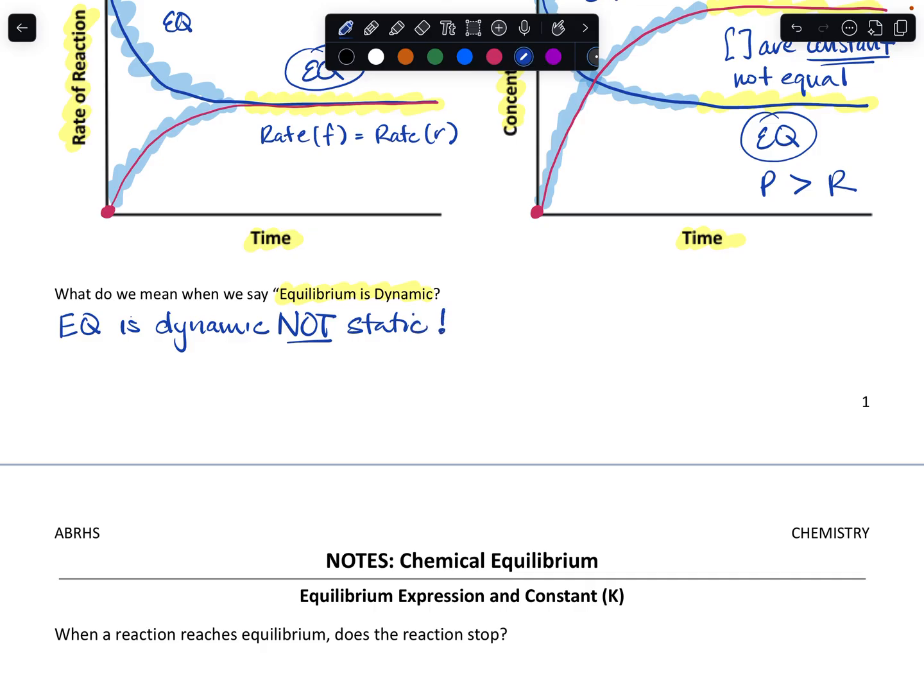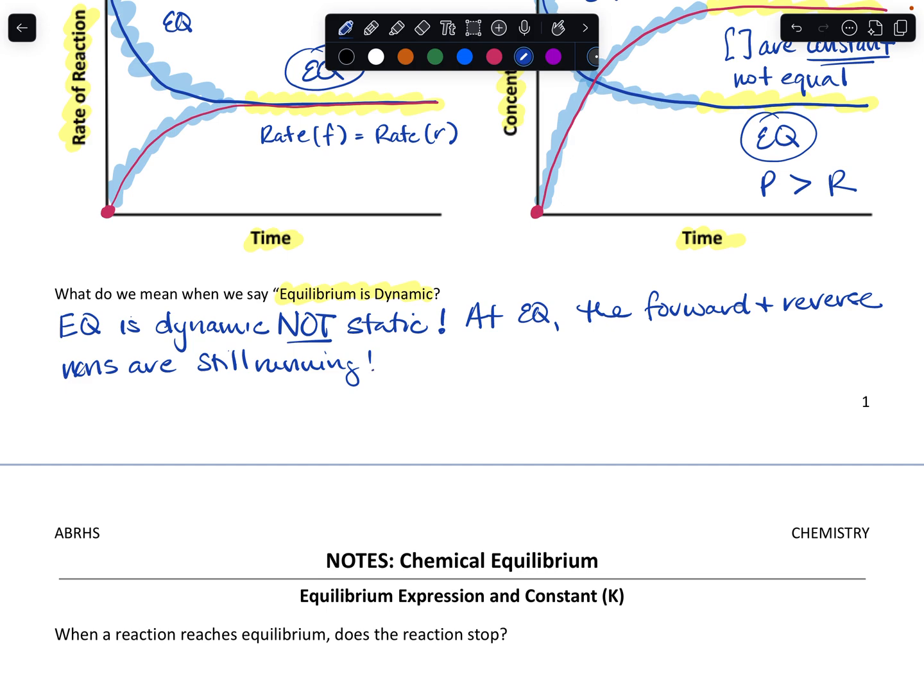Static would be a system where everything ceases. And that is not what happens in equilibrium. At equilibrium, the forward and reverse reactions are still running.